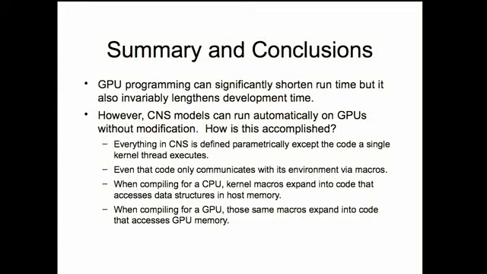And even that code only communicates with its environment via macros, which simplify the programmer's job to no end. When you compile for a CPU, the kernel macros expand into code that accesses the structures in host memory. And when you compile for a GPU, those same macros expand so that they access GPU memory.